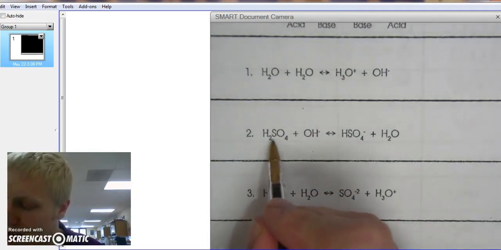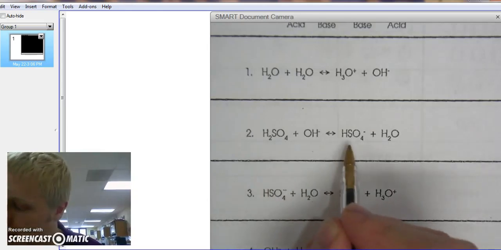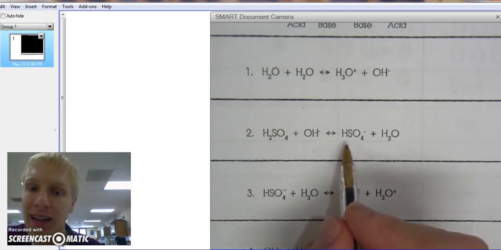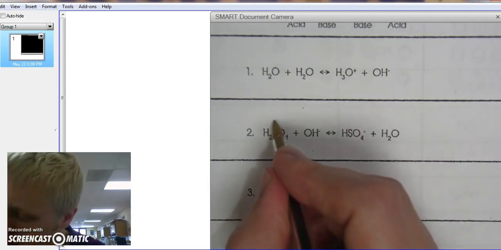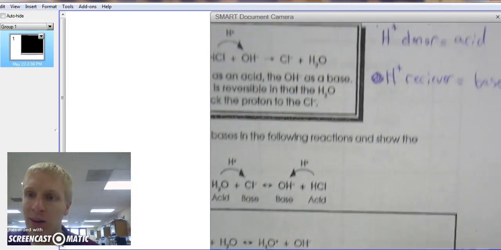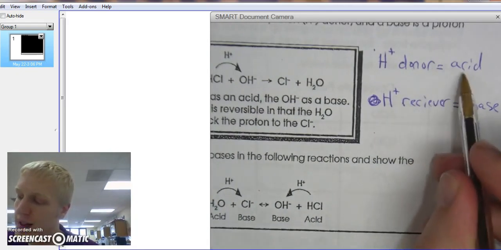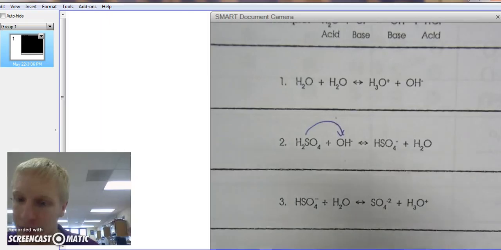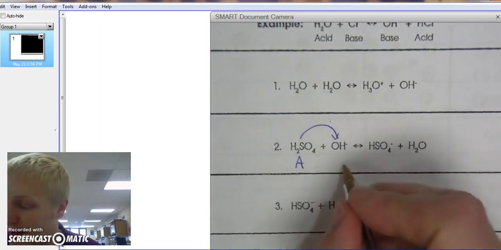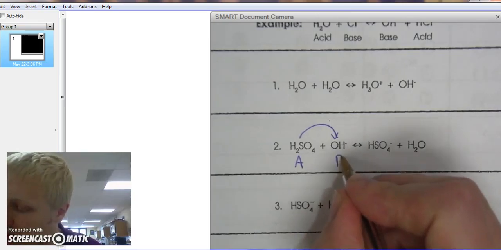If H2SO4 turns into HSO4-, that means it needs to lose an H+. So it's losing an H+. And if it's a loser of H+'s, or a donor, it's an acid. So we're going to put A for acid right there, and then by default the other guy is going to have to be a base.